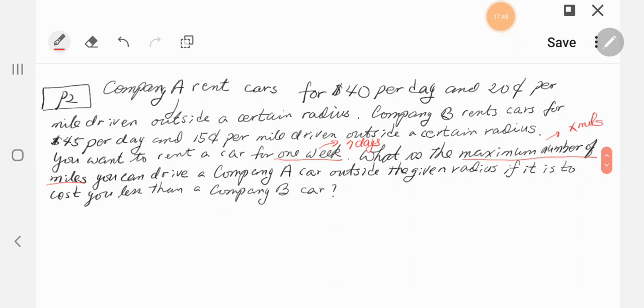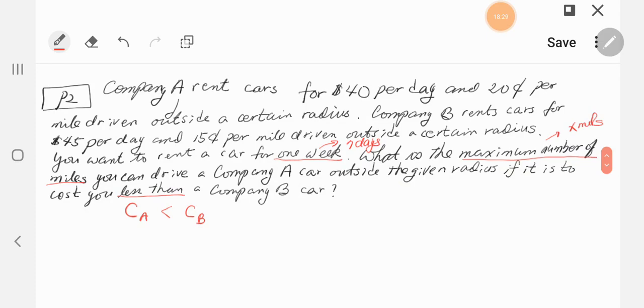If I rent from company A, it will charge me some amount, and if I rent from company B, it will charge some amount. The charge from company A should be less than the charge from company B. So that's the inequality, and from it we will find the number of miles that we can drive.